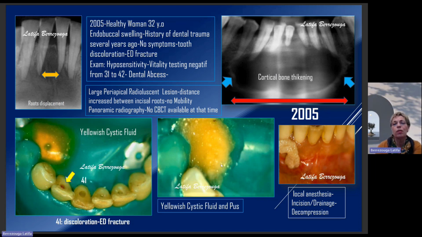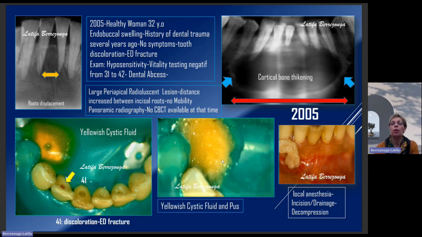And these crystals, you know, some types of crystals, cholesterol crystals, may maintain the lesions and contribute to maintaining the persistent periapical lesion.